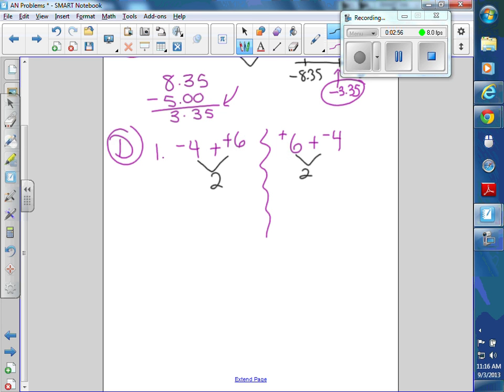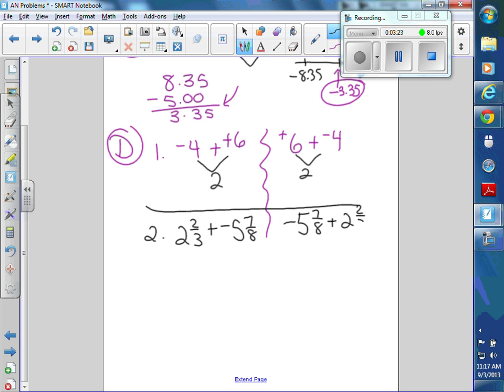Are they equal or not equal? So it's 2 2/3, right? Plus negative 5 7/8. And this one is negative 5 7/8 and 2 2/3. Equal or not equal?